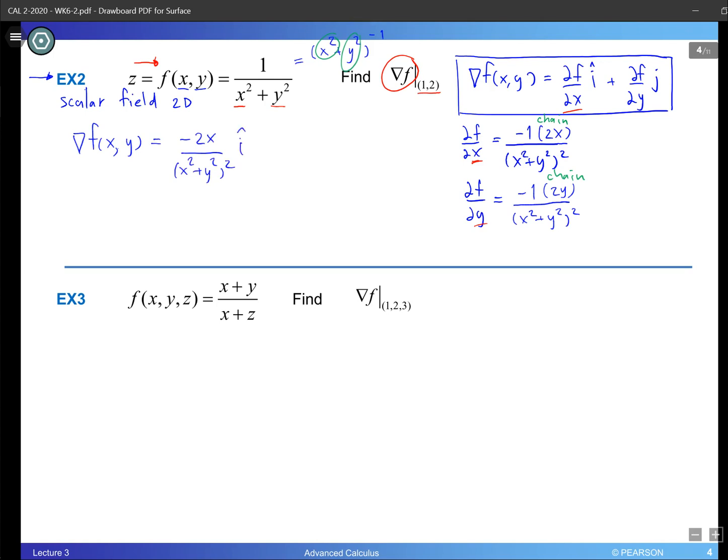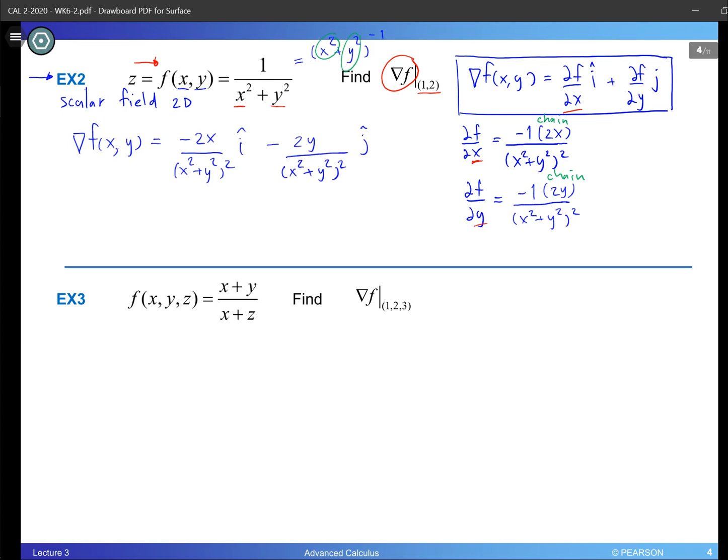And now for the next component, df by dy, so it's going to be minus 2y divided by same term, x squared plus y squared to the power of 2, j. There you go. We have this gradient vector for this example.